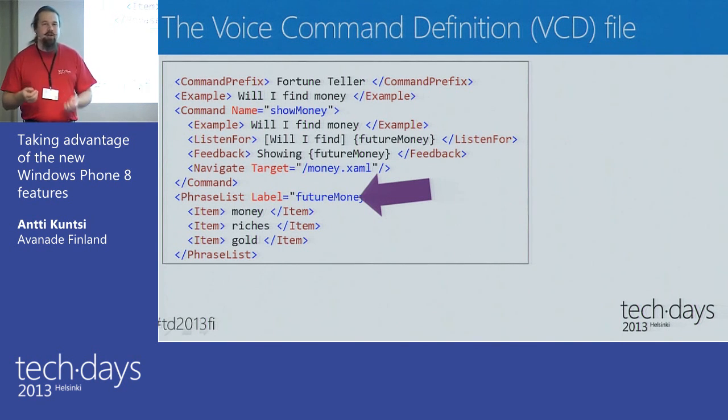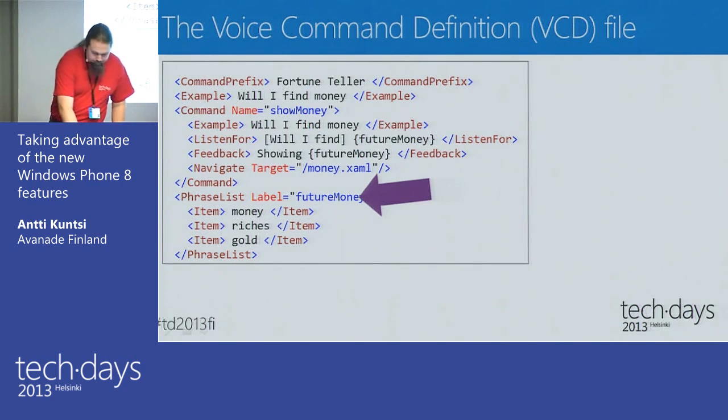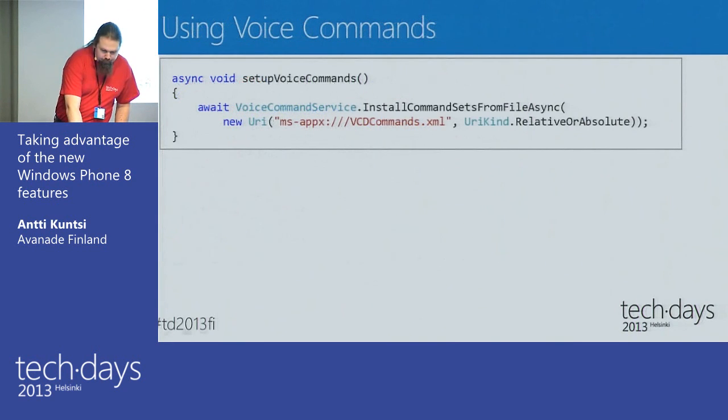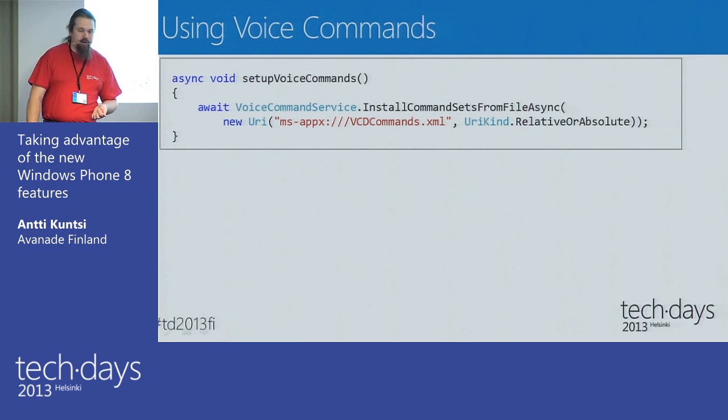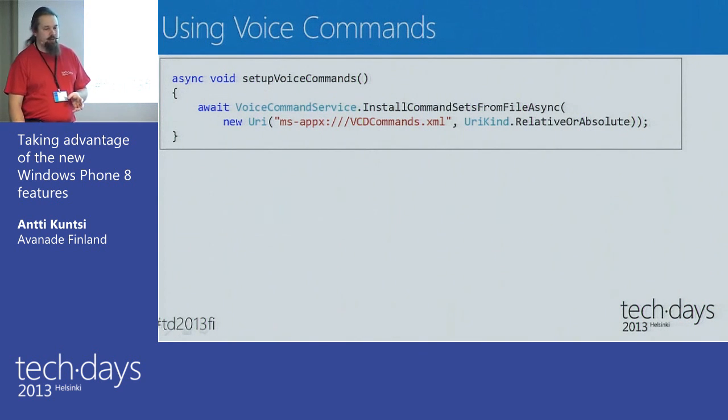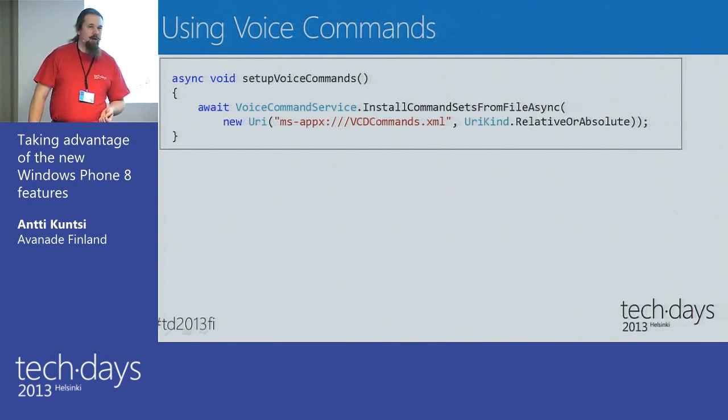So you can update these on the fly. How to set up? Once in your application, when you start up or when you're running, call this with your URI. It doesn't have to be even in your application. You can also do it with the URI directly elsewhere. Then it registers your voice definition into the application.